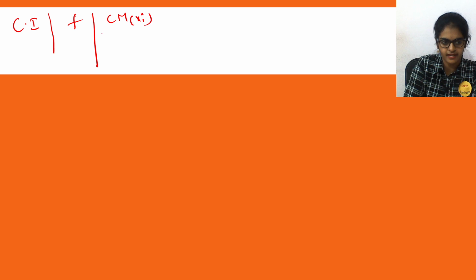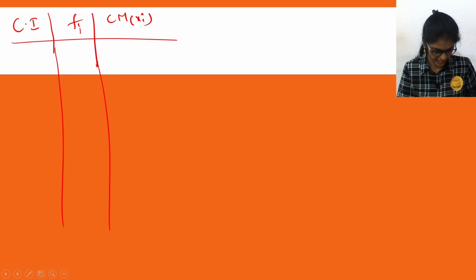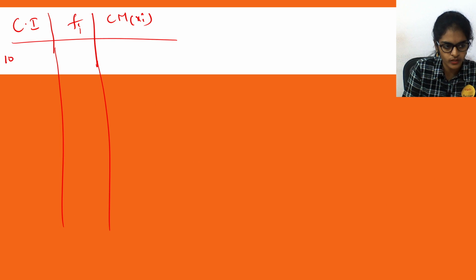For finding mean monthly expenditure, as I told you, you will take the class interval, the frequency, and the class mark, which is nothing but xi. Firstly, let us find all these class intervals. I'll just take down the data from here.